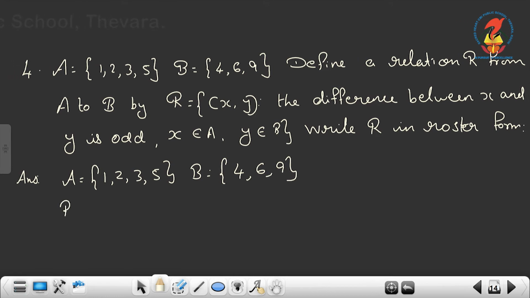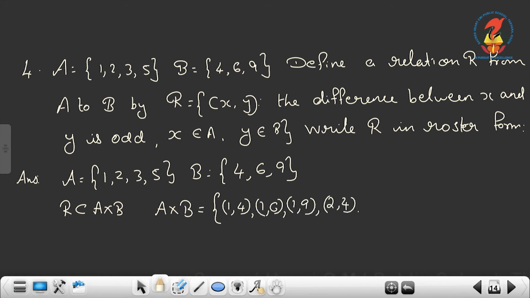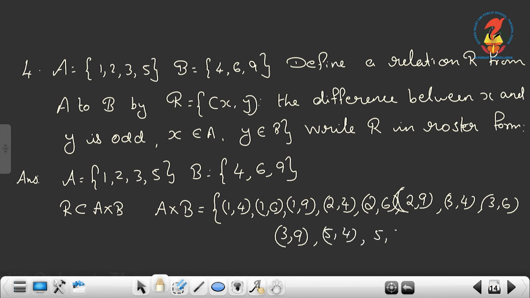Then R is a subset of A cross B. Those who want, you write A cross B and select the pairs which satisfy the relation. So it is (1,4), (1,6), (1,9), (2,4), (2,6), (2,9), (3,4), (3,6), (3,9), then (5,4), (5,6), (5,9).